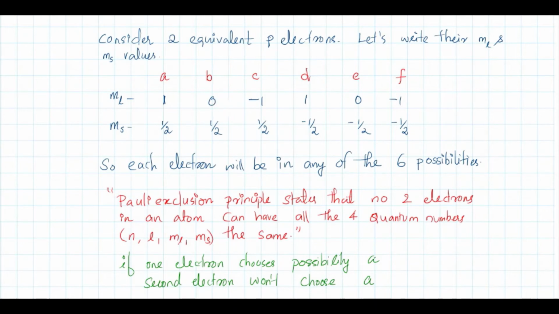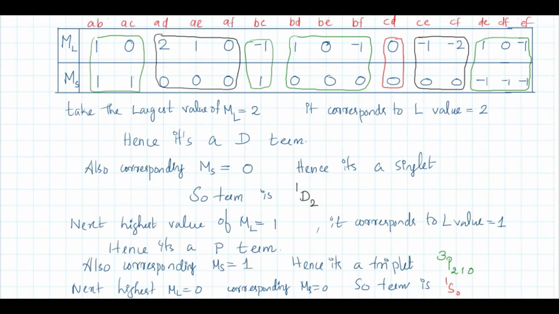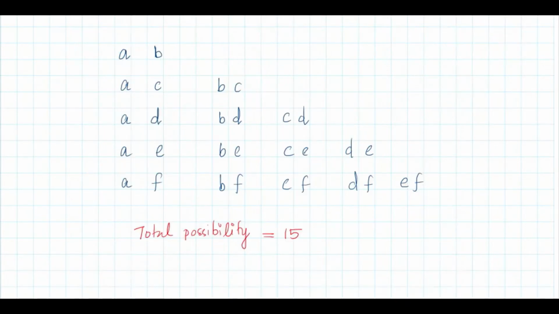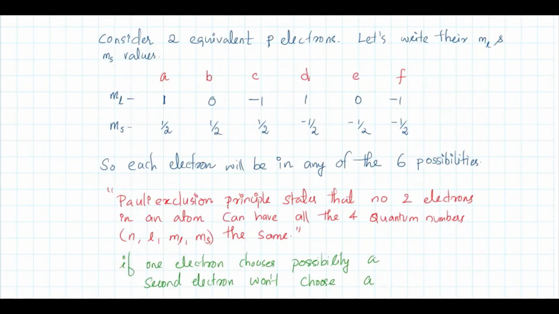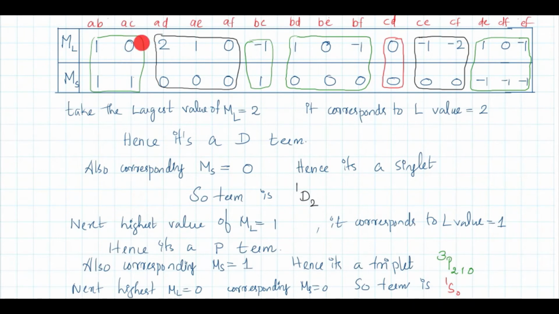Total MS value, half plus half, 1. So that is what we have written here. For AC, one electron in this configuration, one in this configuration, the sum of ML value is 1 minus 1, 0, and MS is half plus half, 1. That is why here you have 0, 1.